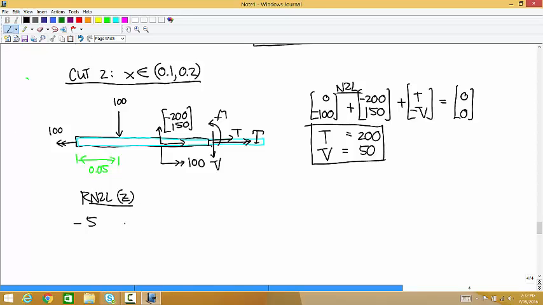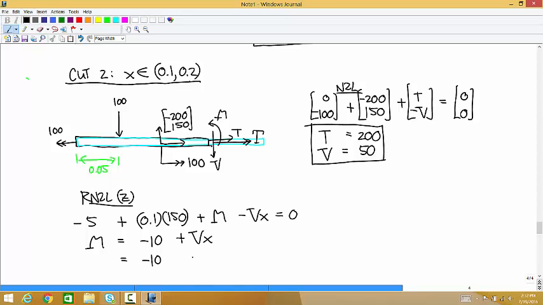That would produce a counterclockwise moment, so 0.1 times force of 150, plus M minus Vx equals 0. So M is equal to negative 10 plus Vx. So that's negative 10 plus 50x.